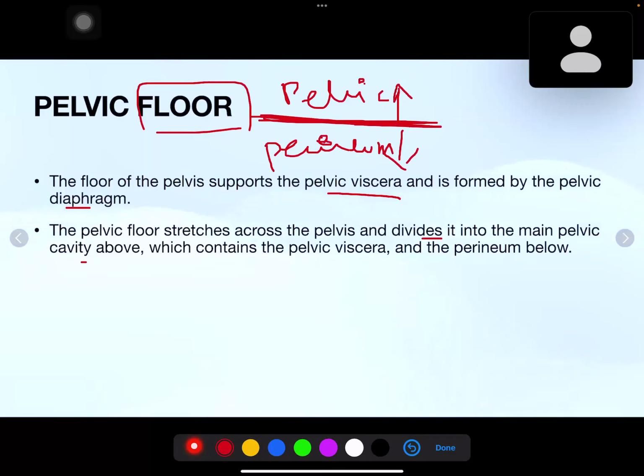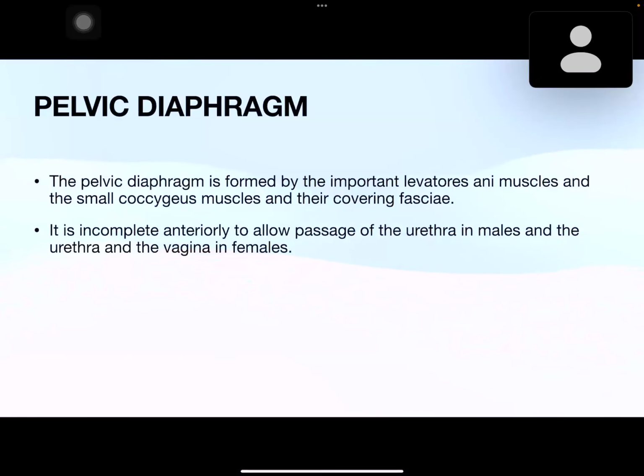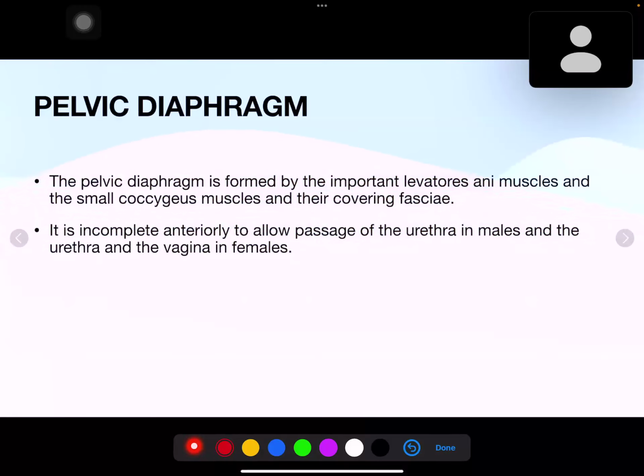The perineum is a very, very important topic we'll be discussing in our next lecture. So this is the floor. By bypassing the floor, you enter into the perineum. Okay. So how is this pelvic floor formed? It is formed by the pelvic diaphragm.